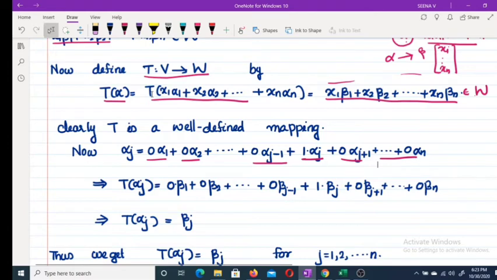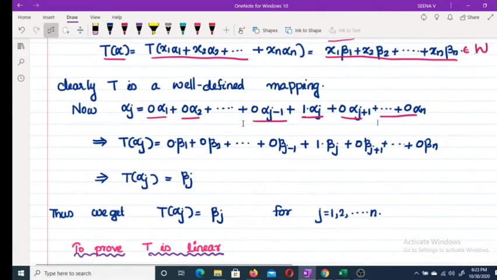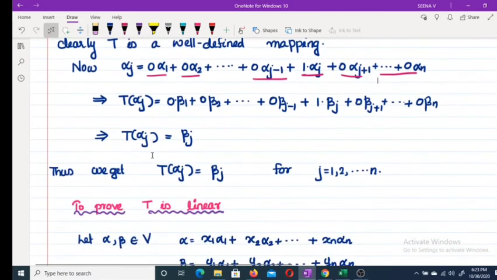We have to verify whether T is linear; first, we are defining the map T. If alpha is equal to x1 alpha 1 plus etc. plus xn alpha n, then T alpha equal to x1 beta 1 plus x2 beta 2 etc. plus xn beta n. So T alpha j is the same as replacing alpha i's by beta i's, which is equal to 1 beta j, that is equal to beta j. Thus, if we define T alpha like this, then T alpha j equal to beta j.